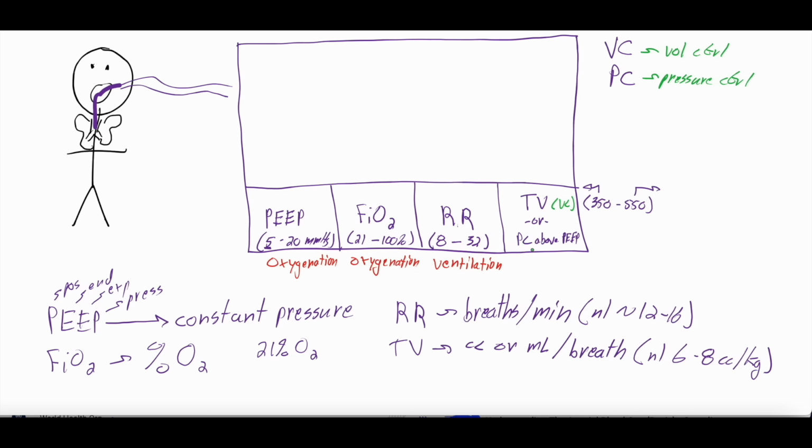In pressure control, you're setting a pressure above the PEEP, because we said the PEEP is there all the time, positive end-expiratory pressure. It's there no matter what. In pressure control, you set the inspiratory pressure above the PEEP, aka you're telling the ventilator every breath, I want you to push this pressure in, and whatever tidal volume that creates is what it creates.